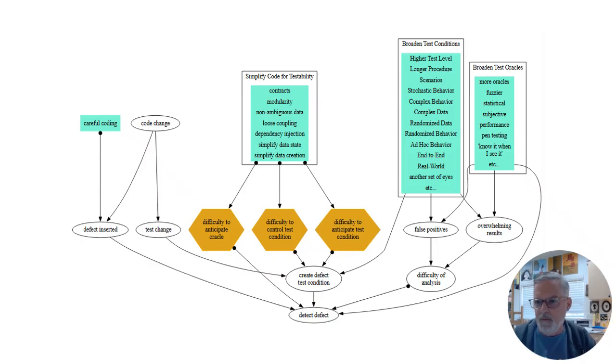And so maybe just the expansion to find the really highly valuable defects justifies the impedance cost of the extra work. Okay, but that impedance cost is there.